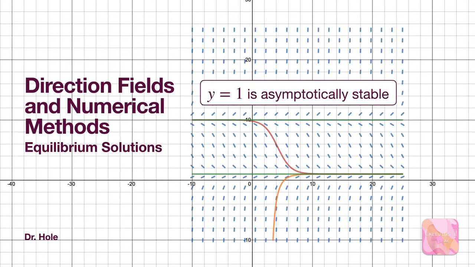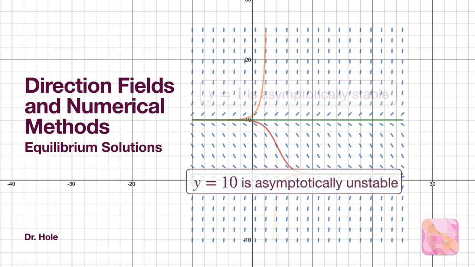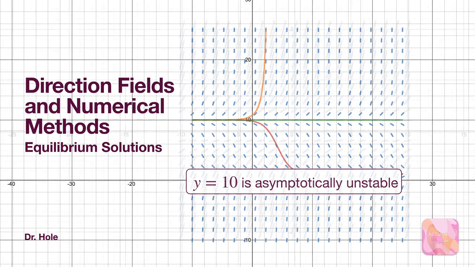Compare the equilibrium solution y equal 10: taking an initial condition anything other than 10, no matter how close to 10 but not equal 10, the solution curve will move away from the equilibrium solution. Hence, y equal 10 is an asymptotically unstable equilibrium solution. Good.